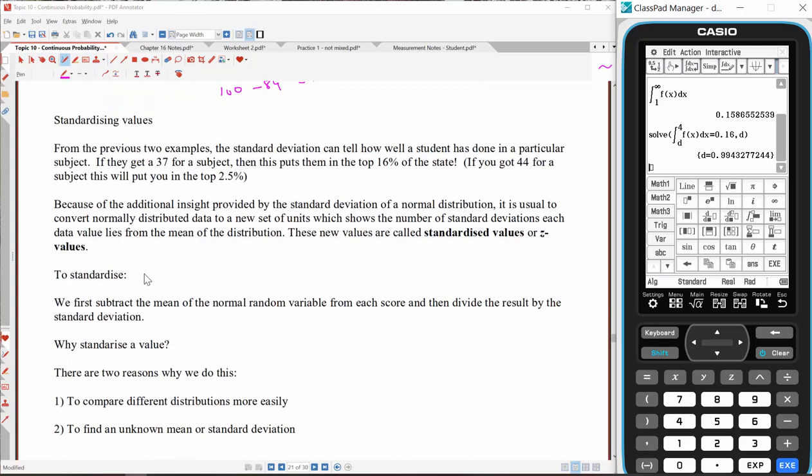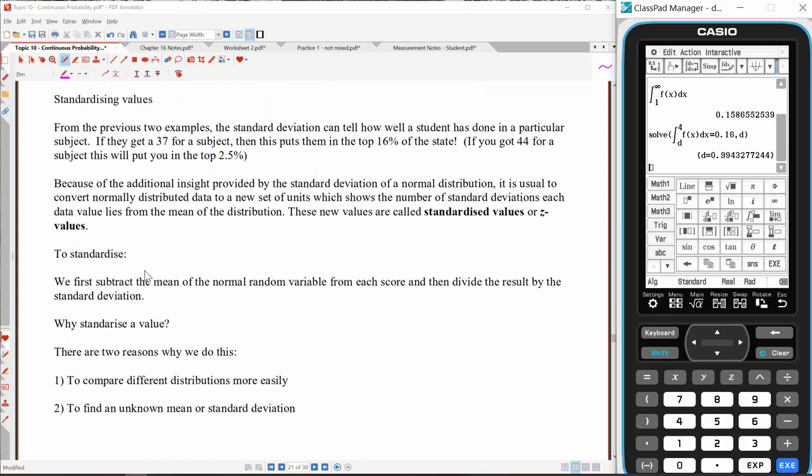All right. So when we standardize, from the previous 2 examples, the standard deviation can tell how well a student has done. Now, the previous 2 examples are the ones on the VCE. How well a student has done in a particular subject. If they get a 37 for a subject, then this puts them in the top 16% of the state. It's pretty good.